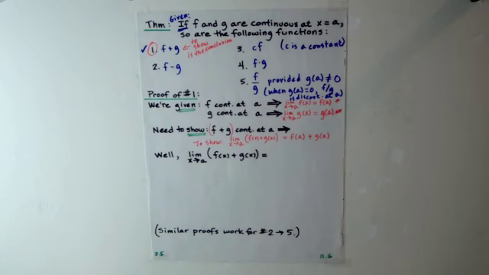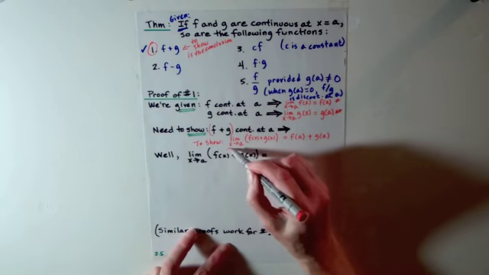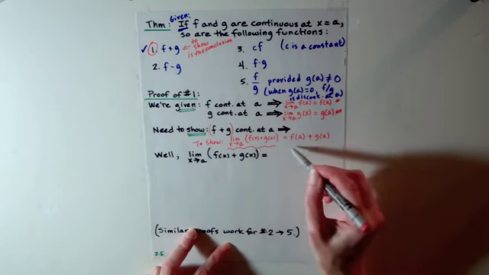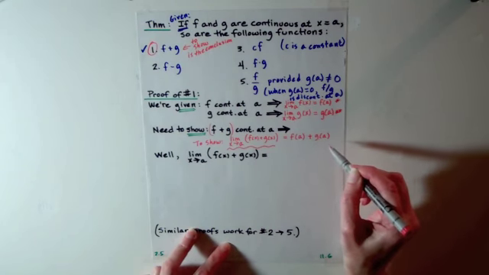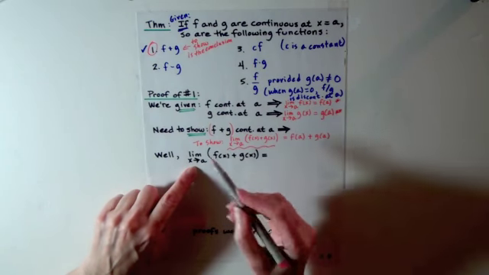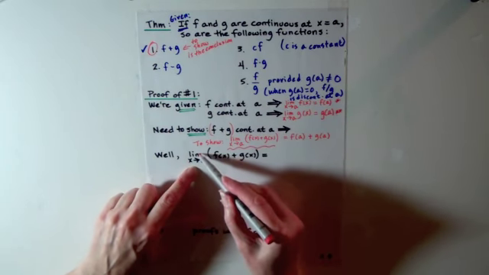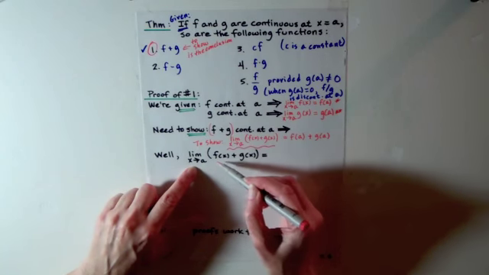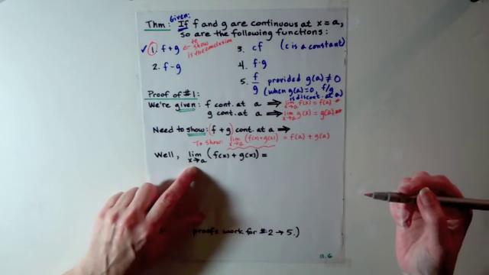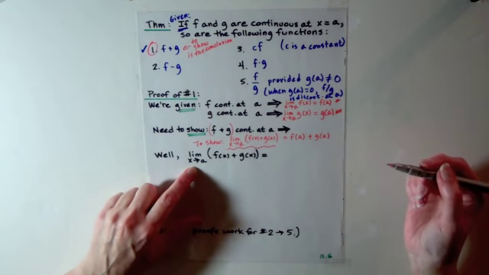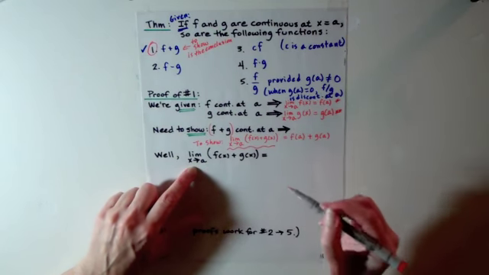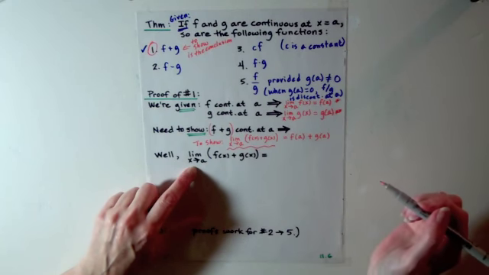Well, how do we show that? We usually start with one side of the statement and try step by step to transform it into the other side. So I'm starting with the left-hand side and asking, what is the limit as x approaches A of f of x plus g of x? Let's see if we can determine that limit using our limit laws. The limit of the sum is the same as the sum of the individual limits.